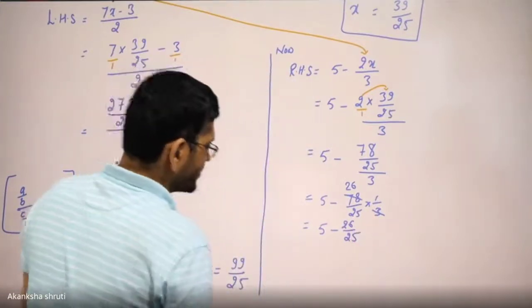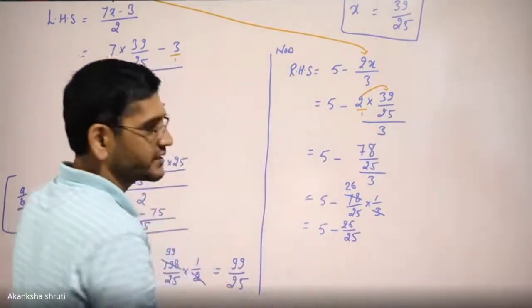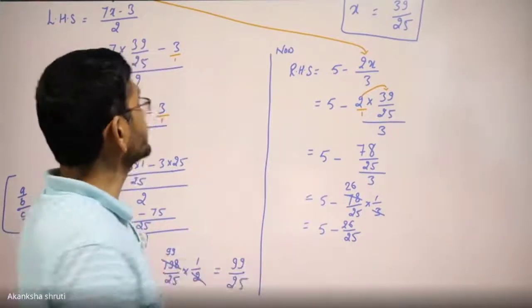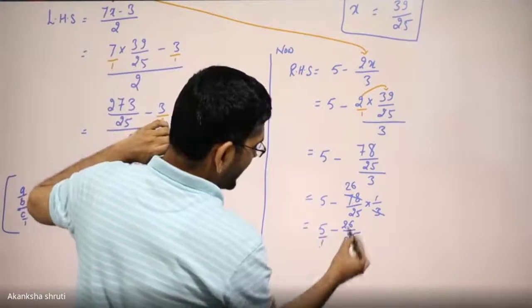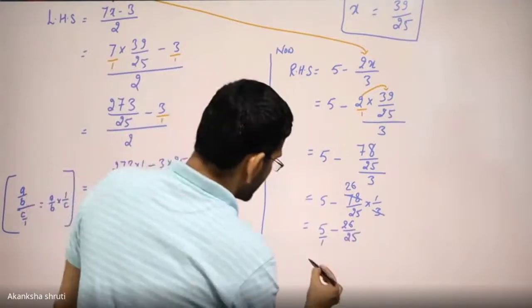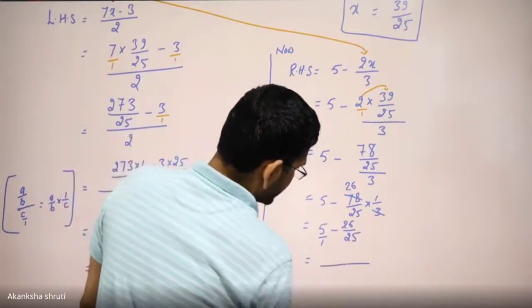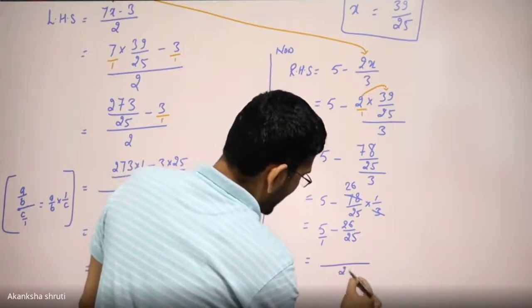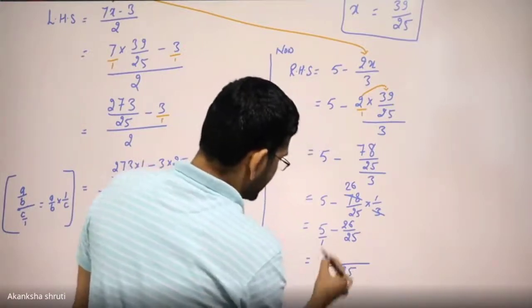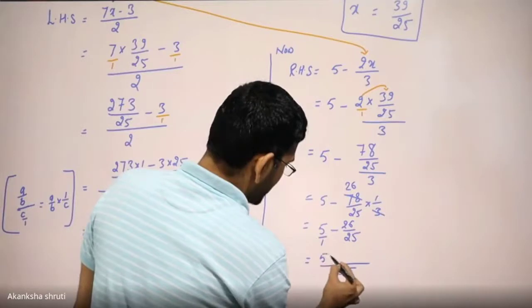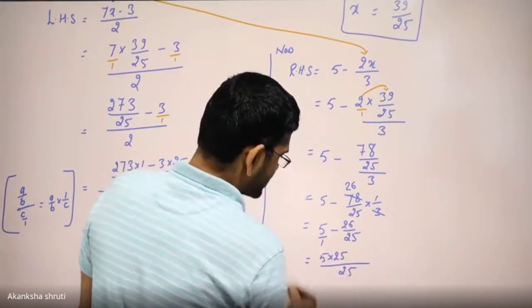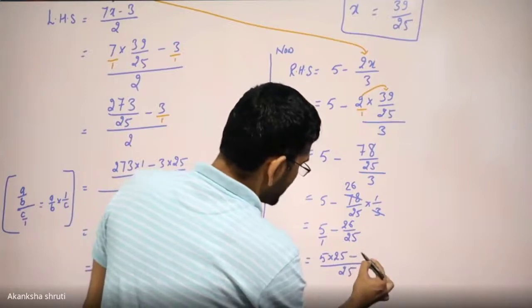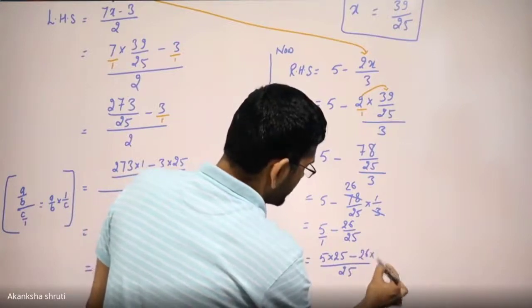Students, now very interesting. This is again the addition or subtraction of two fractions. One is our 5 by 1, another is 26 by 25. Now again take the common LCM as 25. This 5 has to be multiplied with 25 because this one will go 25 times in this 25, minus 26 into only one time.